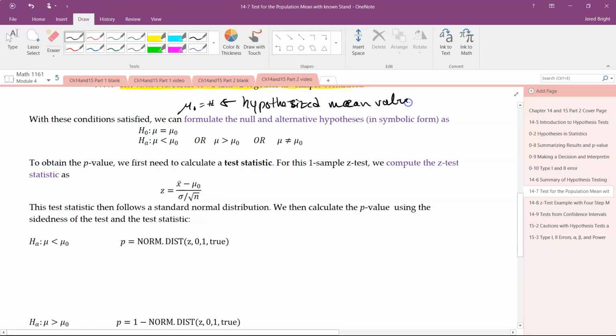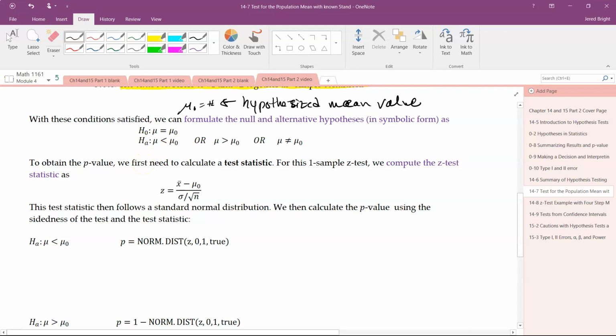So for instance, if we think about body temperature, right, oh wow, terrible handwriting, I apologize. If we think about body temperature, we commonly think of body temperature as 98.6. So in this case, my mu naught would be 98.6 if I were to do an experiment with body temperature. But nevertheless, the alternative has one of those three forms.